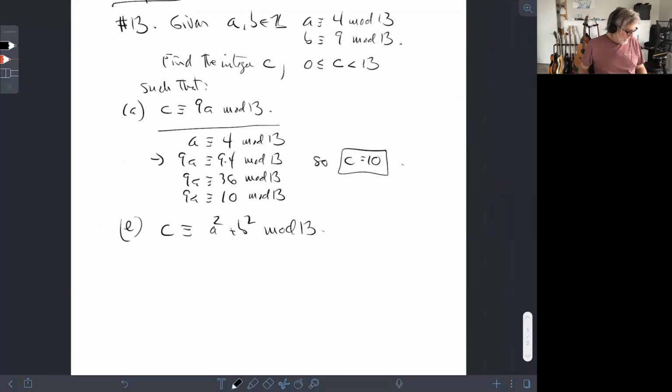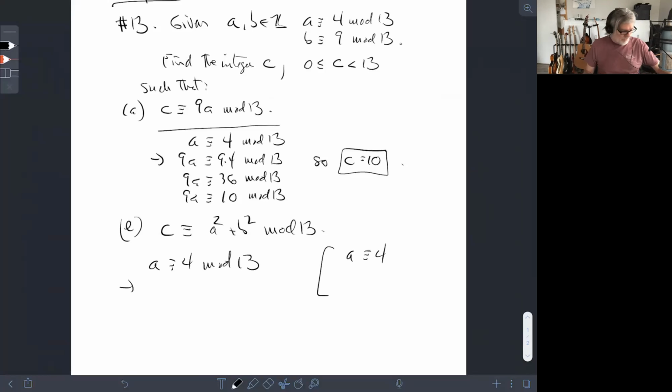All right, so let's do this. A is congruent to 4 mod 13. So if I square, I can square both sides. Can I do that? Sure. Right? Because A is congruent to 4.